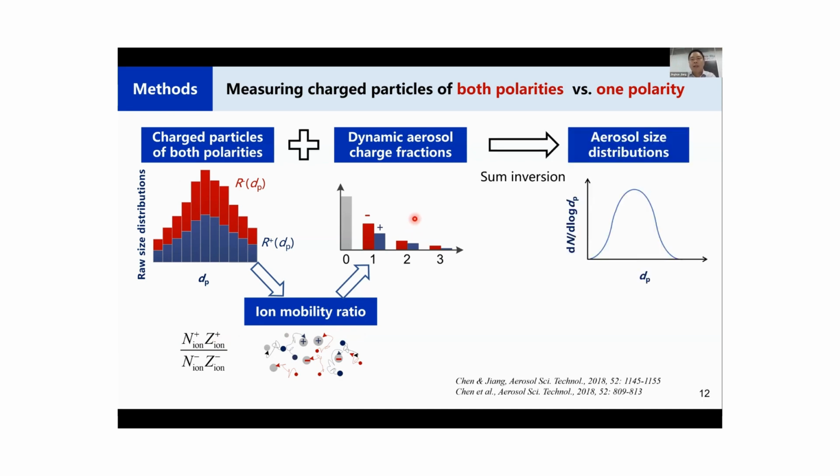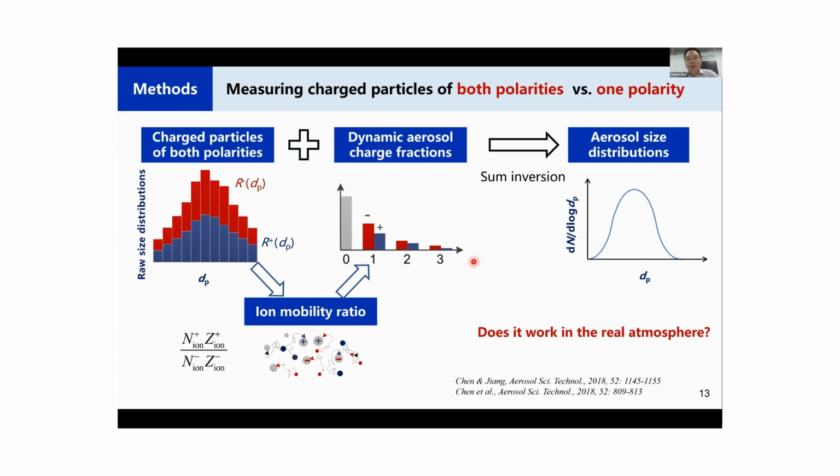So we can combine this information, both the raw distribution and the dynamic charge fraction, to obtain the aerosol size distributions. In this previous study, we showed both theoretically and in a controlled laboratory environment that this new method can help to improve the accuracy of the data and also retrieve the dynamic charge fractions.